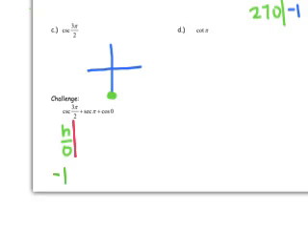But then I have to do plus secant of pi. So secant of pi, this is where pi is, and secant is h over a. Your h is still 1, and your a is now, because you went adjacently backwards, another -1.